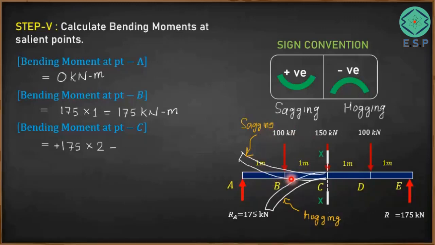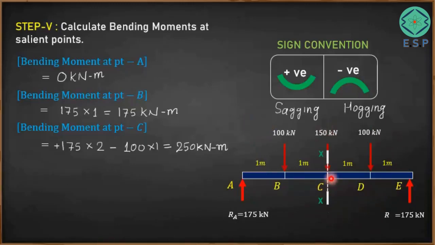The force is 100 kilonewton and its distance from point C is 1 meter. So minus 100 times 1 meter. If we simplify the whole value, 175 times 2 is 350, minus 100, so that is going to be 250 kilonewton meters. So the total bending moment at point C is 250.